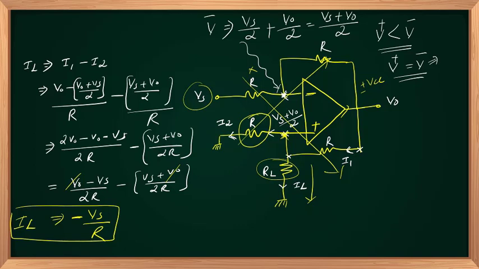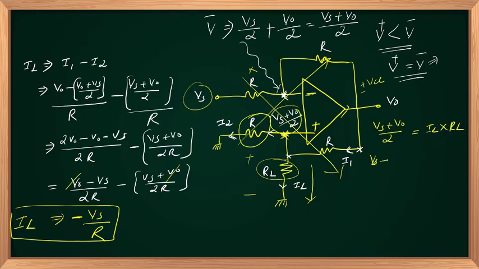Now let us identify the output voltage quickly. We know that V plus is nothing but Vs plus V out by 2, and that should be equal to the drop across RL with respect to ground. So you can equate Vs plus V out by 2 to IL multiplied by RL.